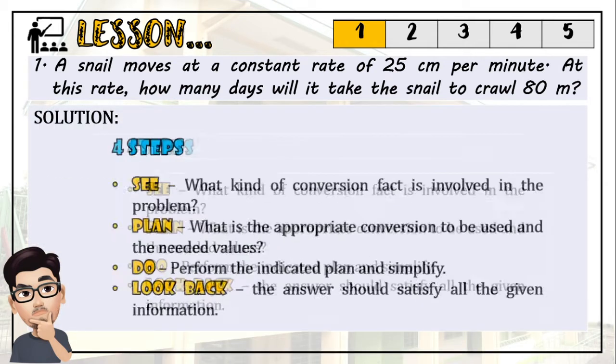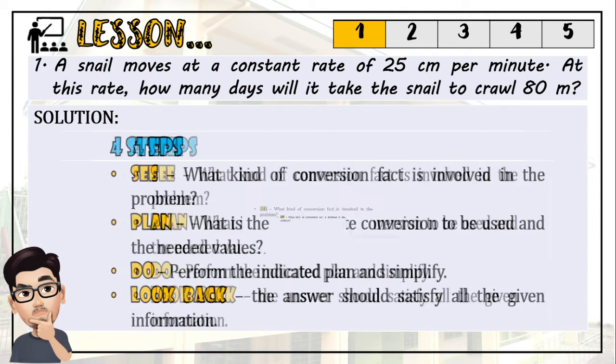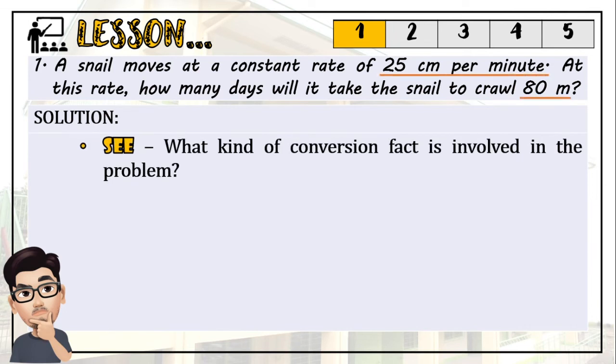We always see what kind of problem we are dealing with. So in this case, we are going to look for the conversion fact that is involved in the word problem. So that is 25 centimeters per minute, and how many days will it take the snail to crawl 80 meters?